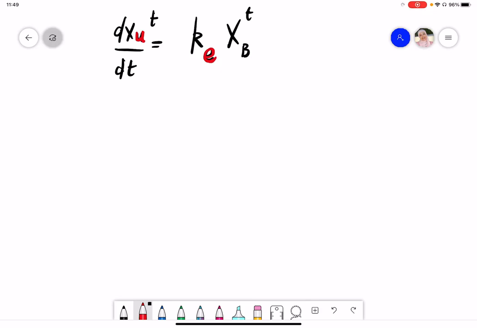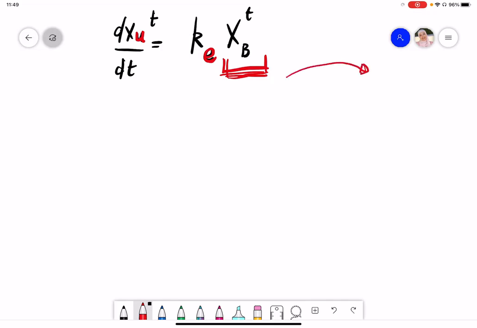So this is our differential equation. We know from our previous classes that we can have this in different terms, right? Or we can determine what is the amount in the body.